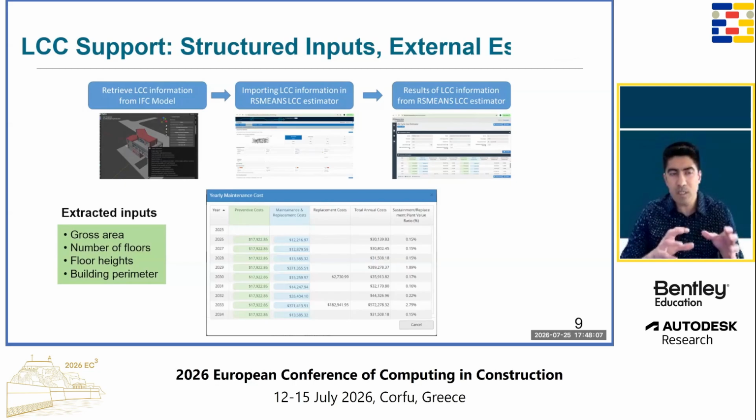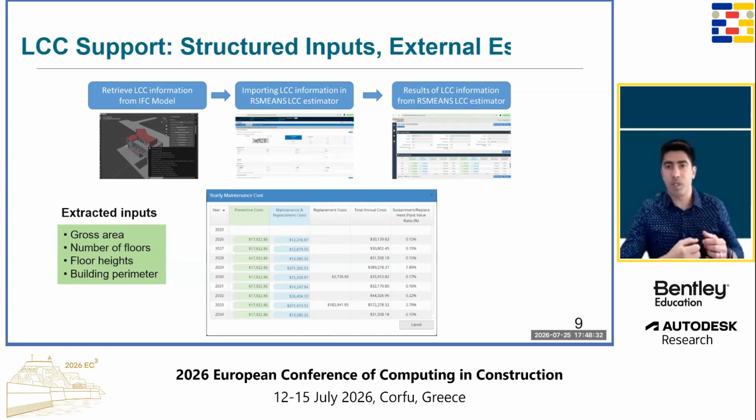So all of this data needs to be manually entered into the RSMeans cost data in terms of running this LCC analysis. But our prototype removes this manual effort and error in collecting the inputs. We are providing all those inputs.